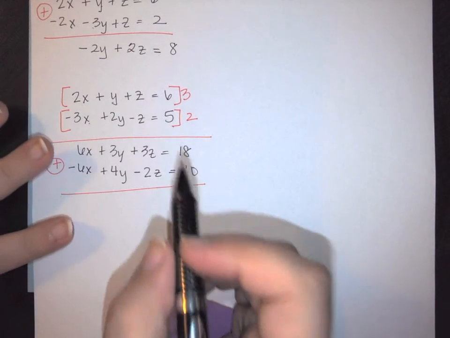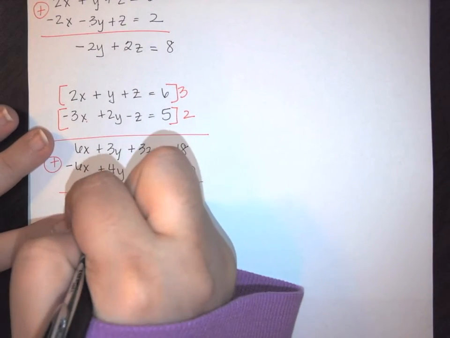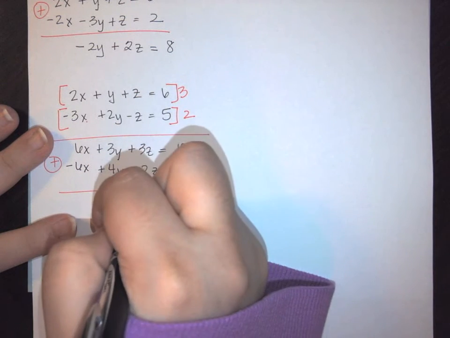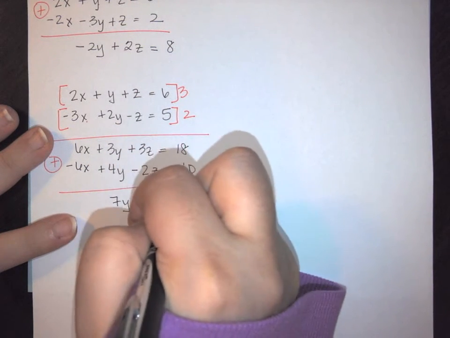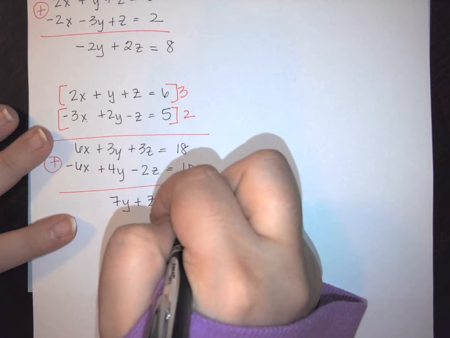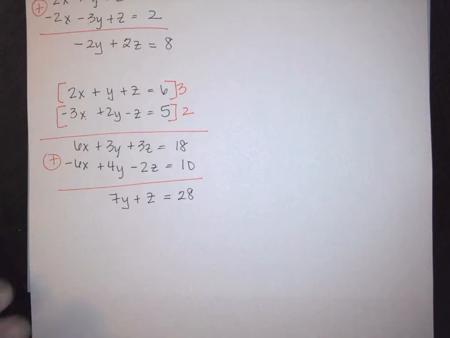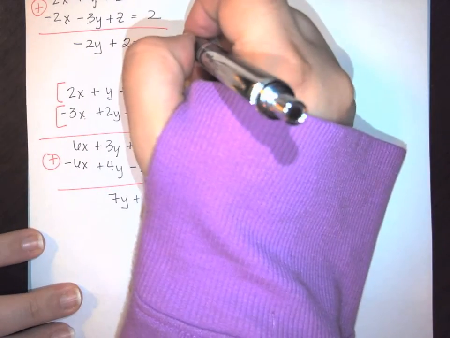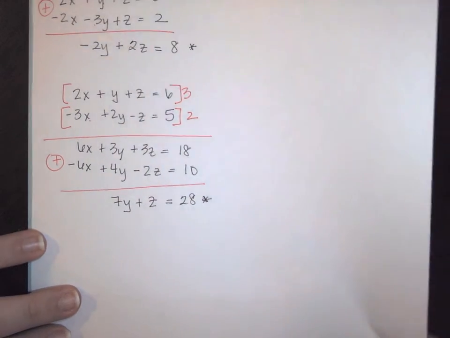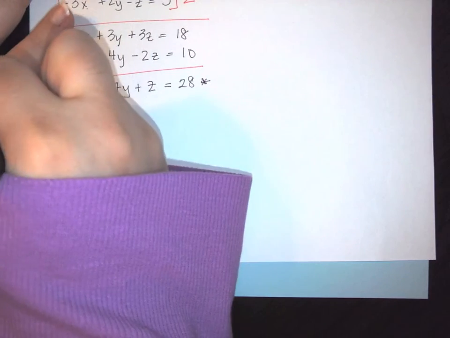My x's go away. I have 3 plus 4 gives you a 7y. 3 minus 2 gives you positive z is equal to 18 plus 10 is 28. So now you can see I have a 2 variable and a 2 variable equation. So I need to start a new system.